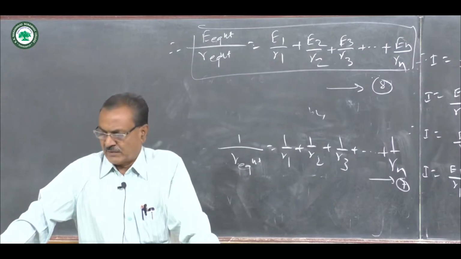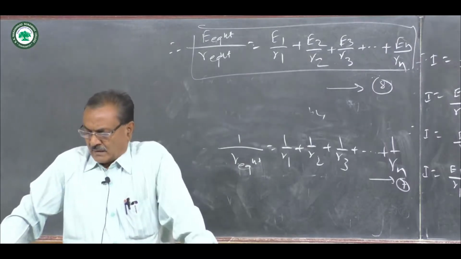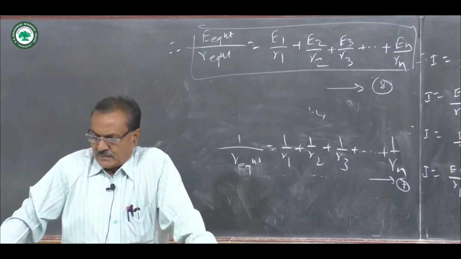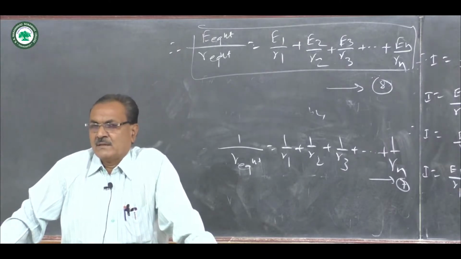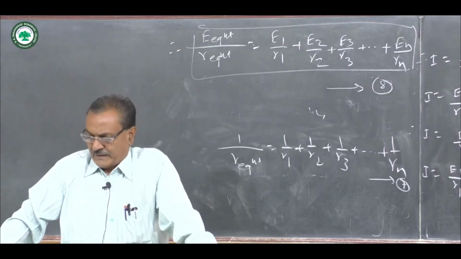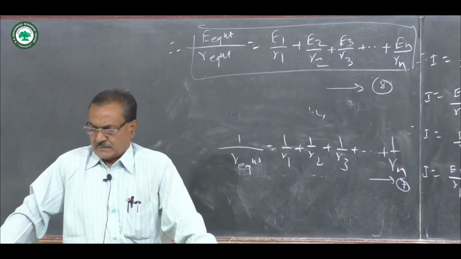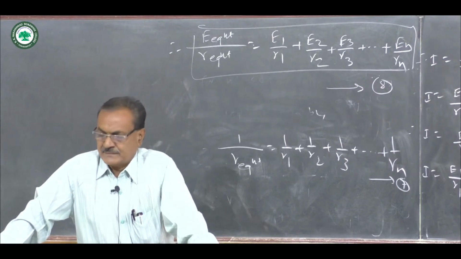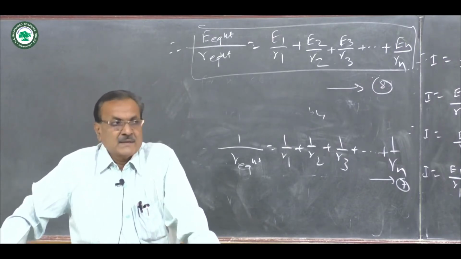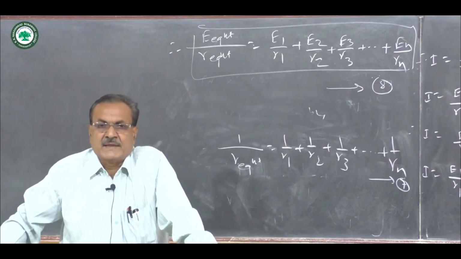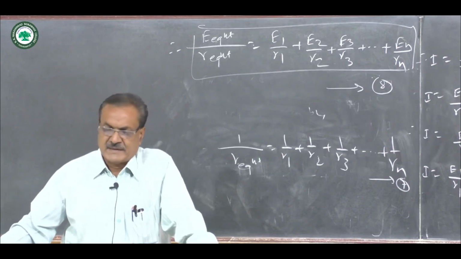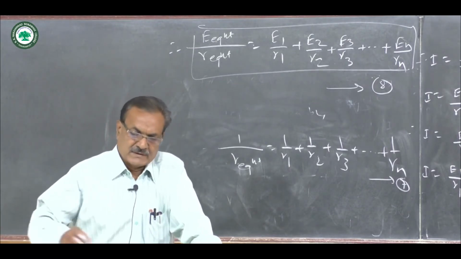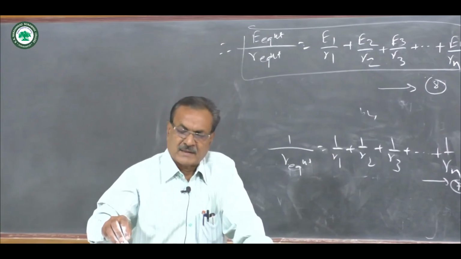So this is one of the advantages. And now the disadvantages: the voltage developed across the parallel combination cannot be increased by increasing the number of cells present in the circuit, that is, voltage cannot be increased in a parallel combination.